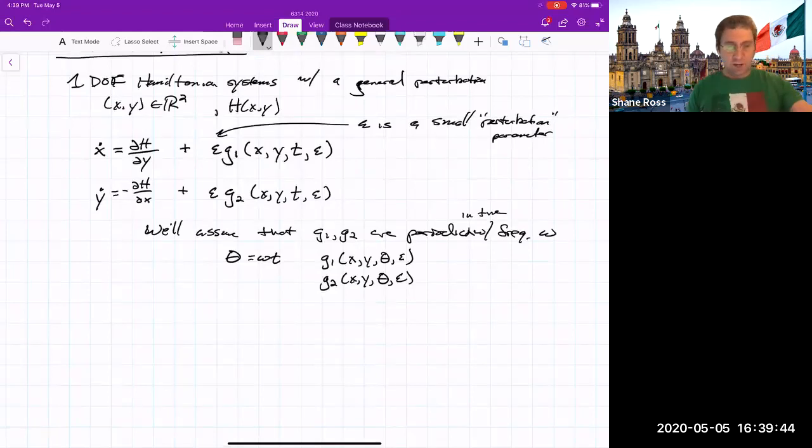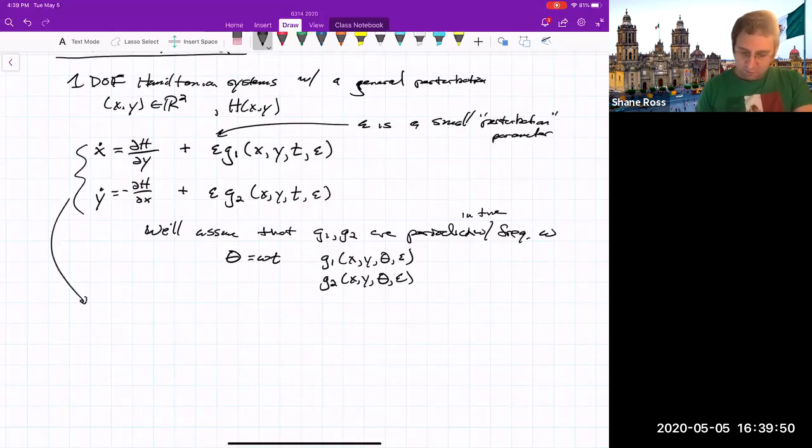Then we want to write this ODE in vector form. So we'll use Q equals (x, y), a column vector.